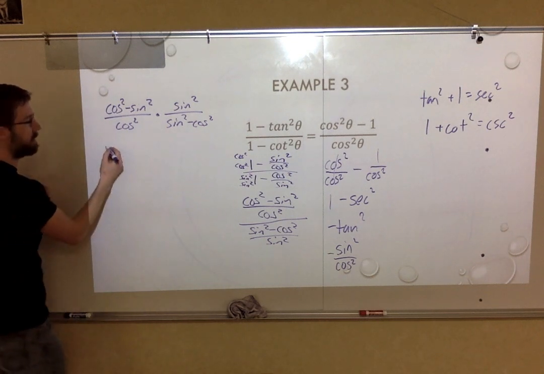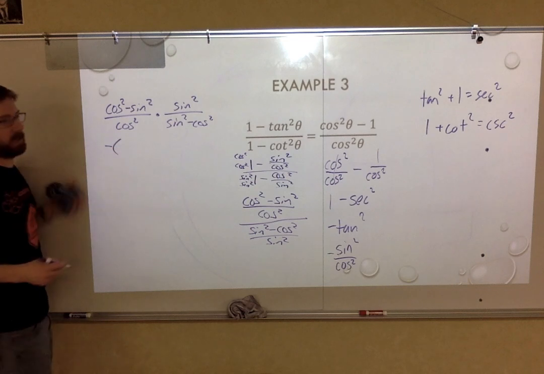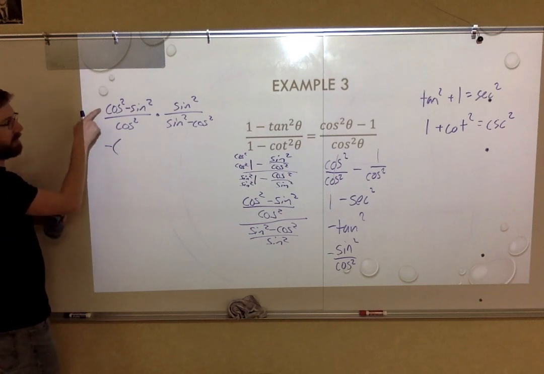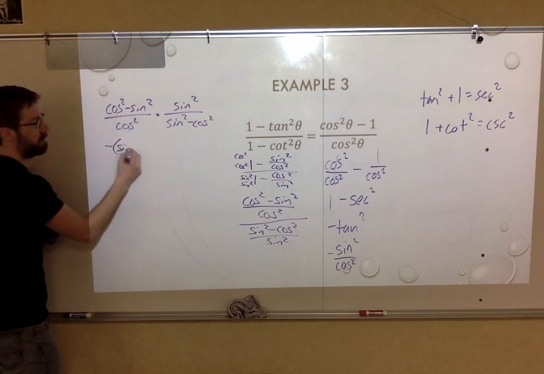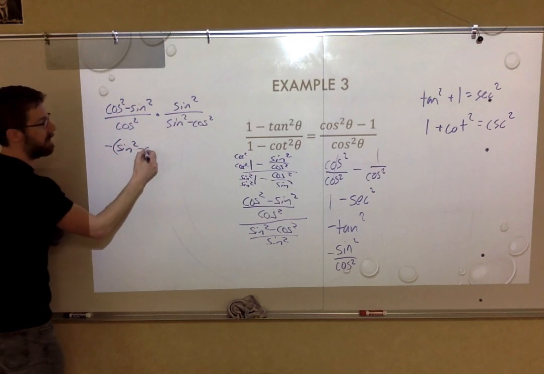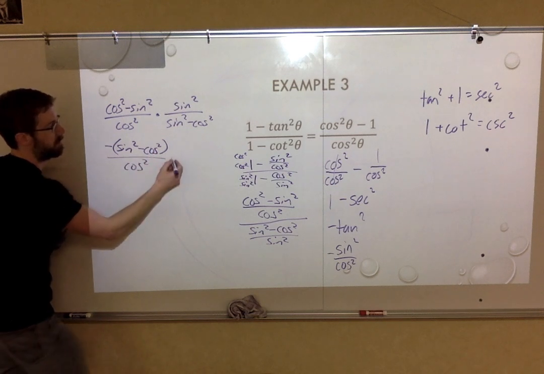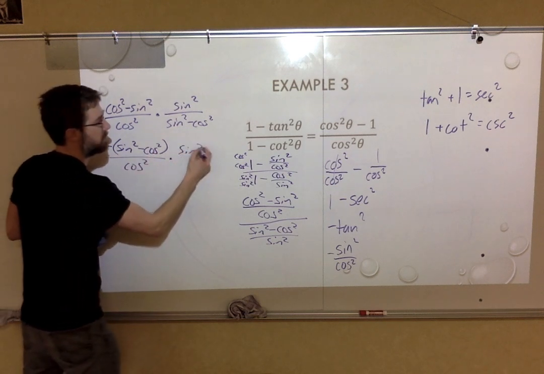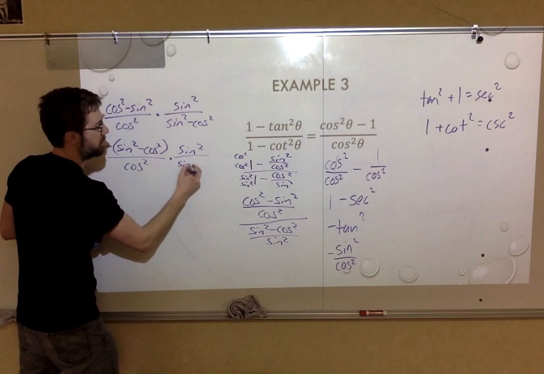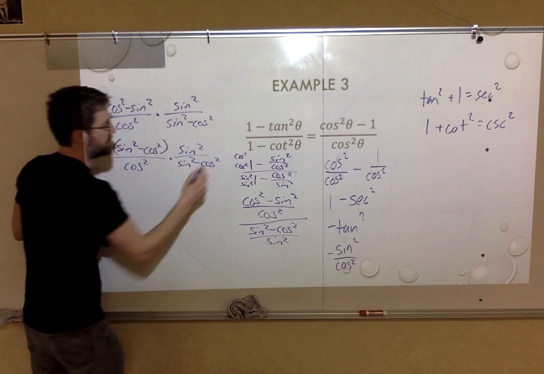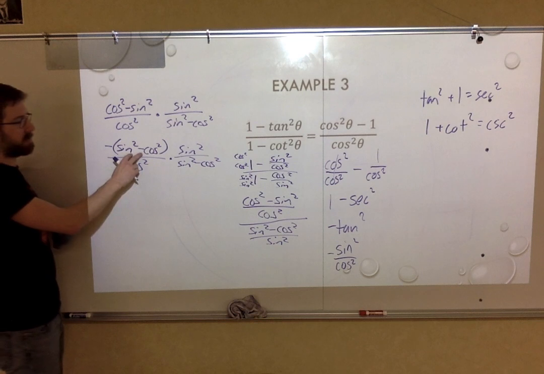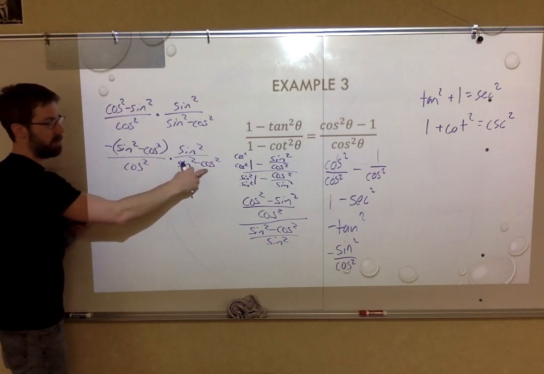Well, I can do that by factoring out a negative. So I'm going to factor a negative value out of here. That's going to make sine positive and cosine negative. Well, now I've got sine squared minus cosine squared and sine squared minus cosine squared.